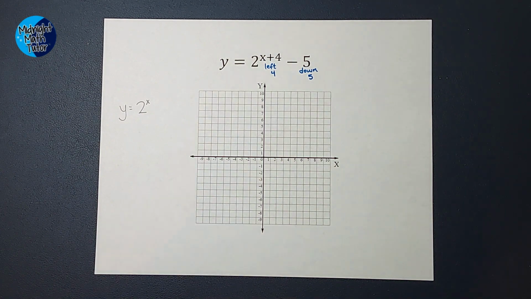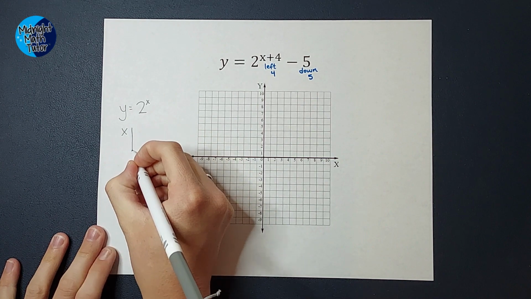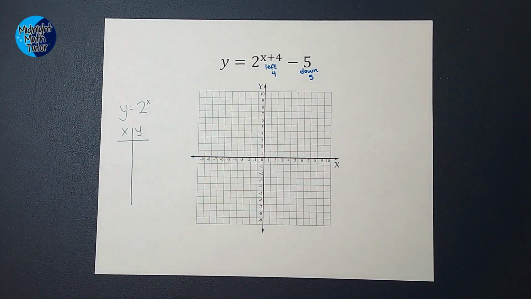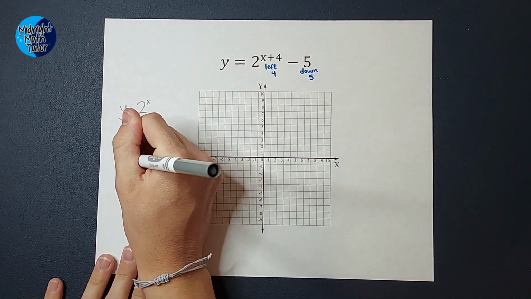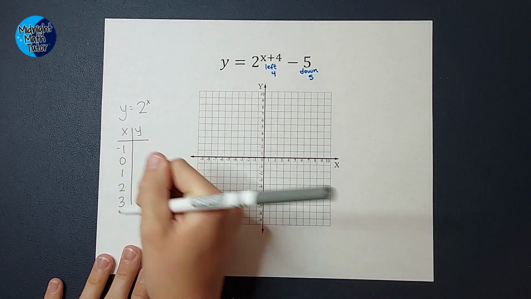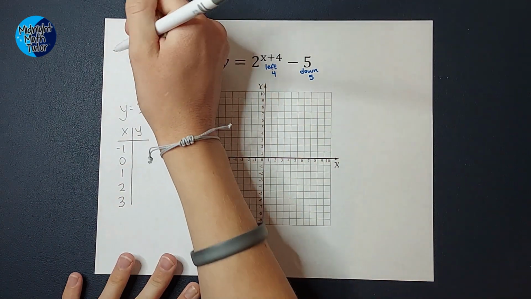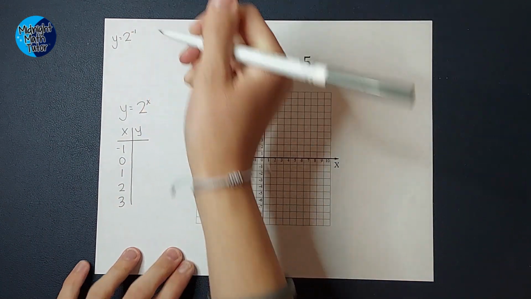That is going to be my parent graph. So let's go ahead and make a table, see what this graph looks like, okay? So I've got x and y, okay? Now let's plug in points -1, 0, 1, 2, and 3, okay? So if I plug in -1 here, right, I'm going to get y equals 2 to the power of -1.